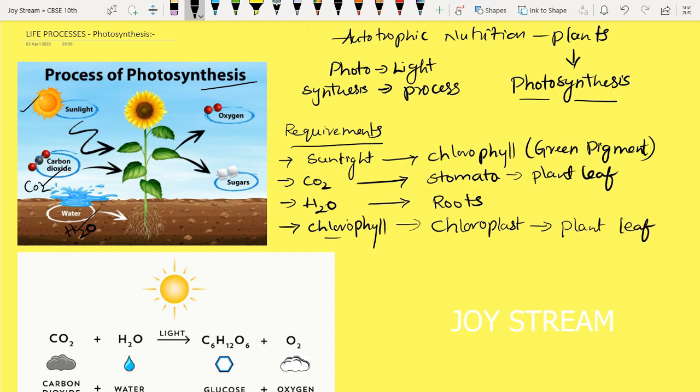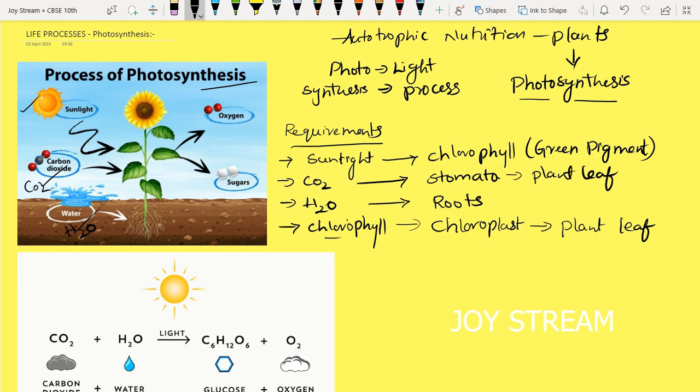Okay. See, this sunlight is absorbed by the chlorophyll. This chlorophyll is the green pigment. The leaves are green, the stems are green. Why? The presence of chlorophyll. If the plant contains chlorophyll, then it is green in color. The green color is because of the presence of chlorophyll.